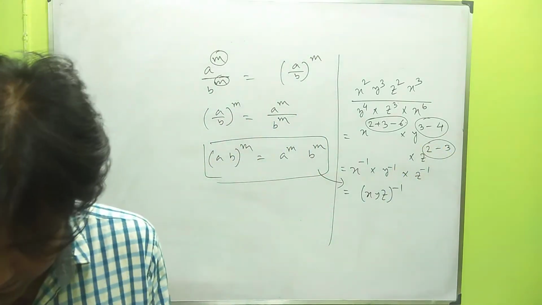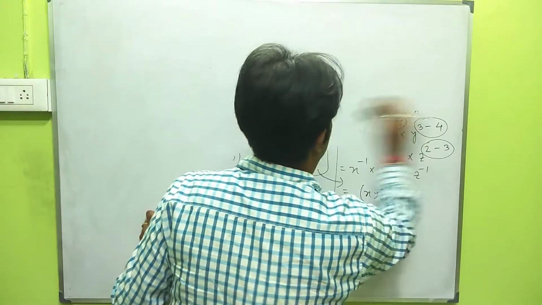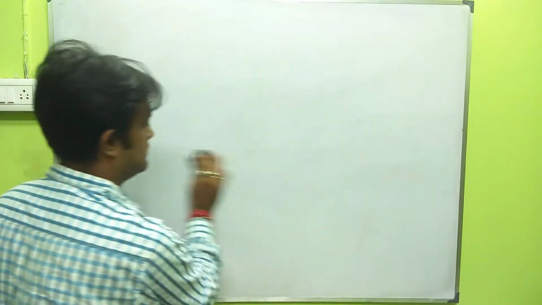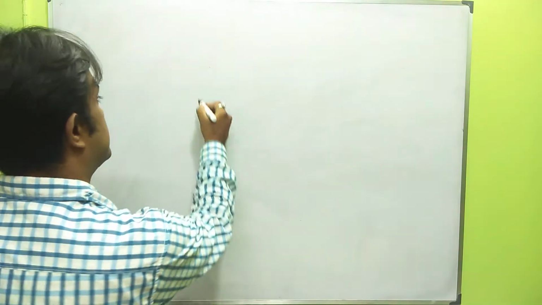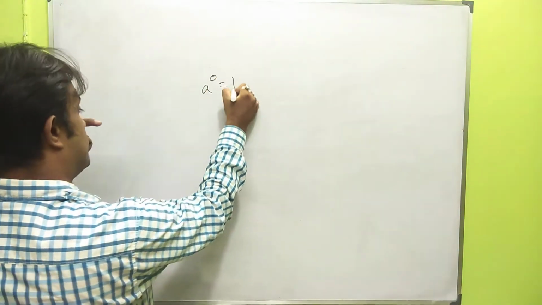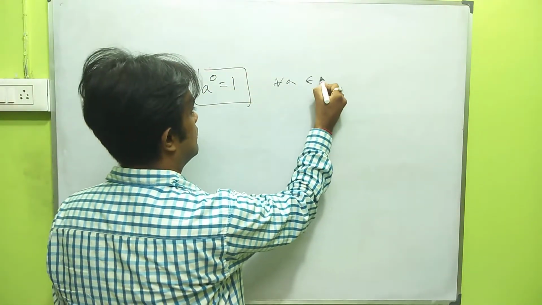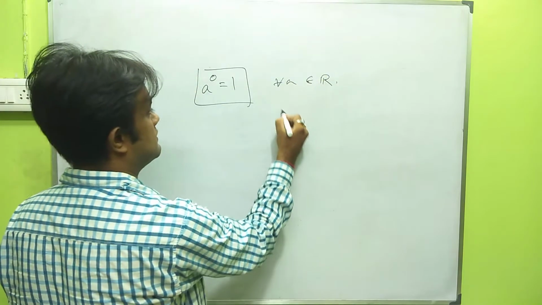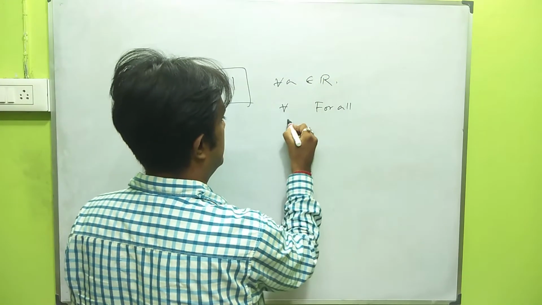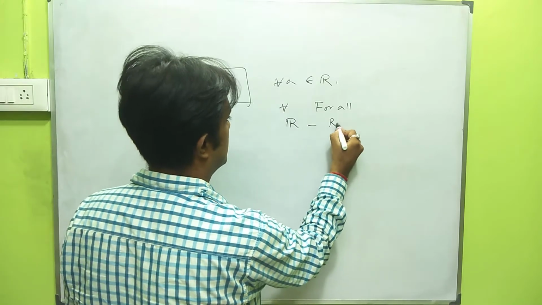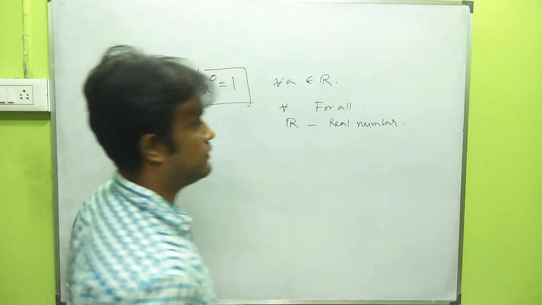So students, we now discuss another form of exponent. Anything to the power 0 is equal to 1, for all a belongs to R, where the symbol means for all, and R stands for real numbers.